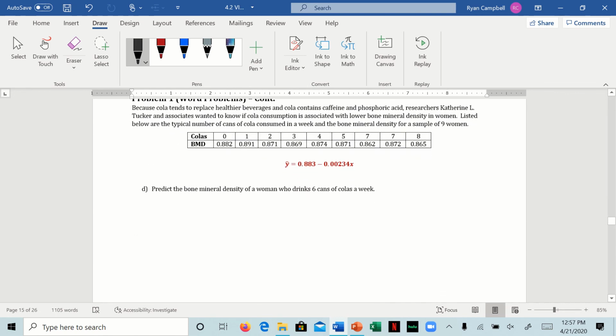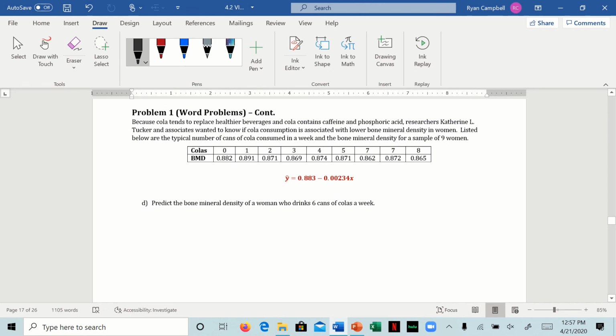Problem 1. So we said that the cola was list 1, the bone density was list 2. So predicting the bone density, what's the first thing we gotta ask ourselves? Is there a linear correlation?